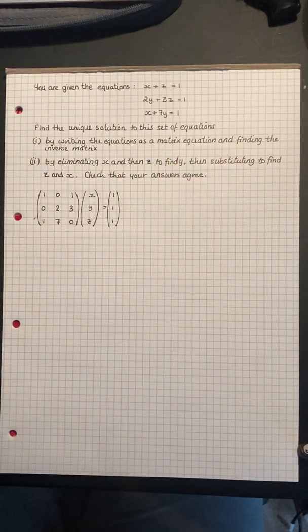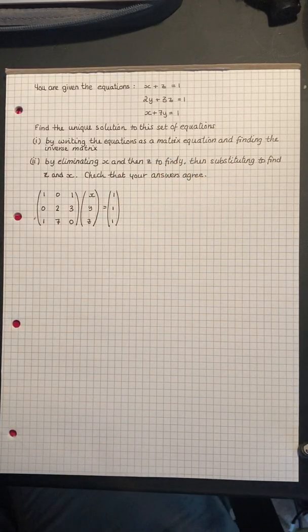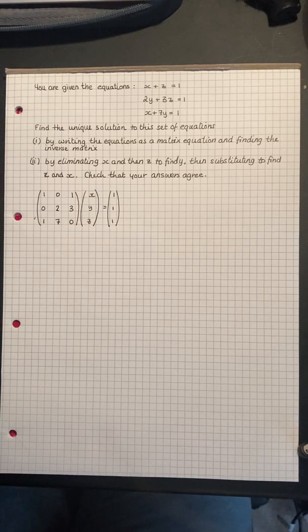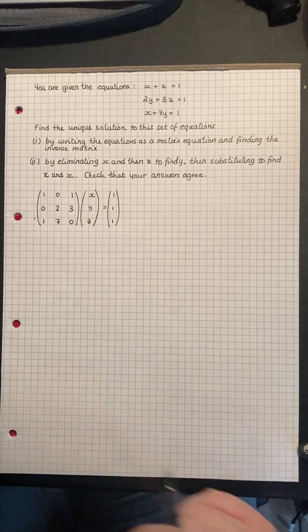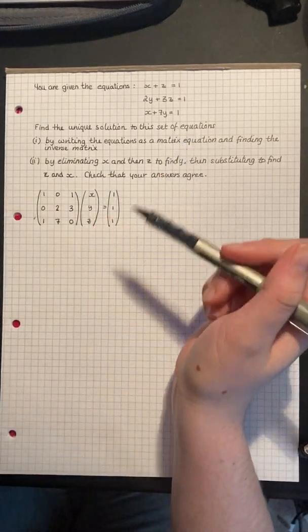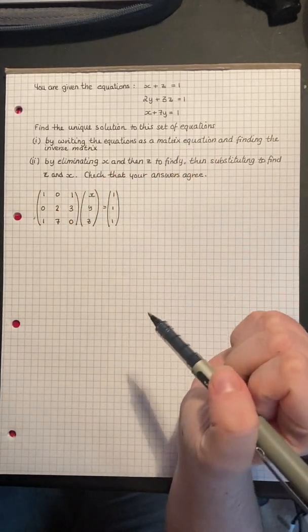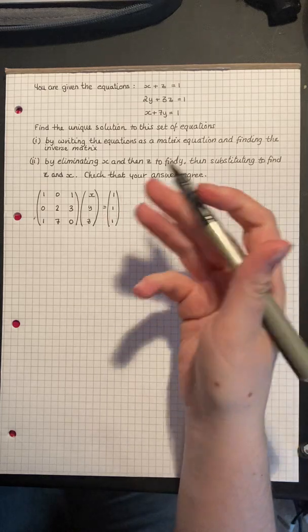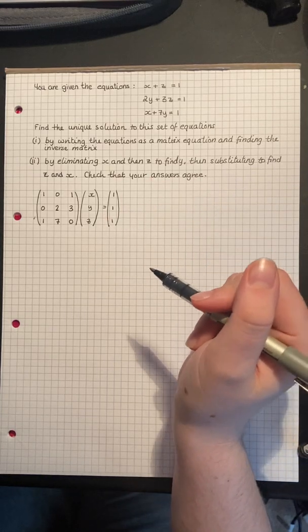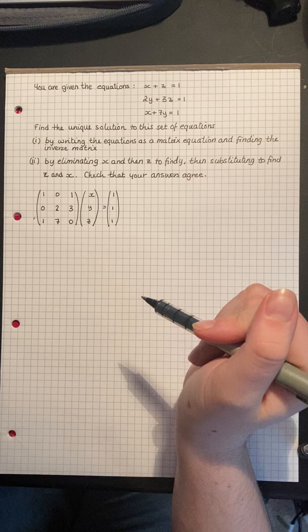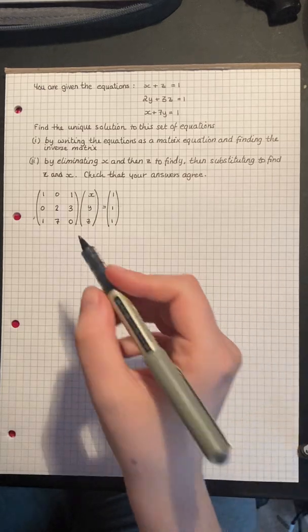Now the question tells us that there is a unique solution, so we already know the determinant is not 0, but in order to work out the inverse, we would need to find it. In this case, we can just use a calculator because there's no unknowns, so we might as well do that.